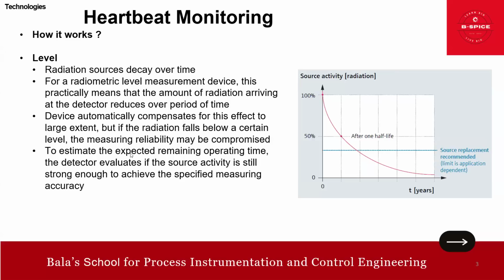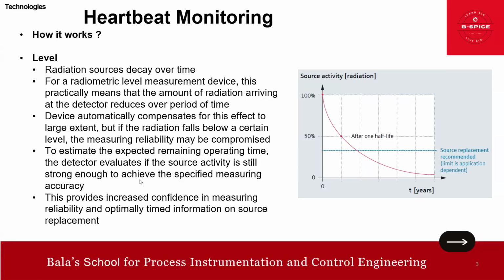To estimate the expected remaining operating time, the detector evaluates whether the source activity is still strong enough to achieve the specified measuring accuracy. So this provides increased confidence in measuring reliability and optimally timed information on source replacement.